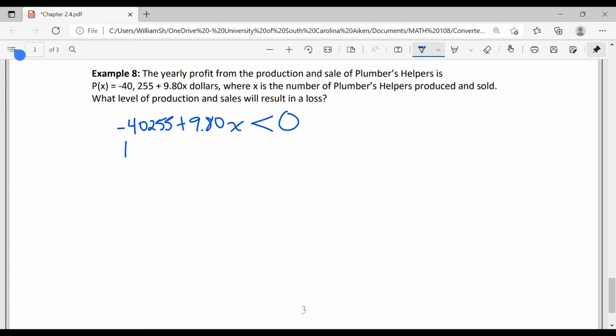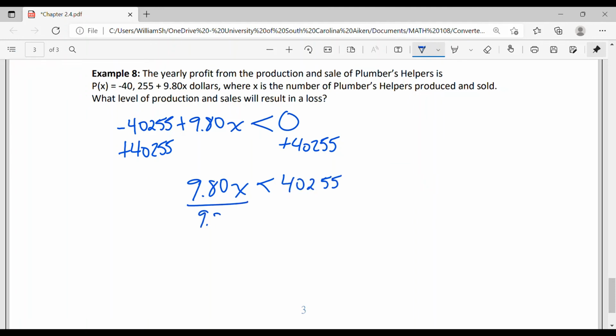So what we're going to want to do is solve it. So we're going to add 40,255 to both sides. And we're going to get 9.80x is less than 40,255. I'm going to divide by 9.80. Whoop.